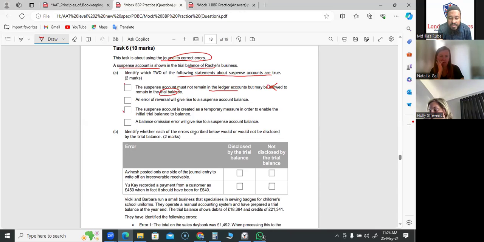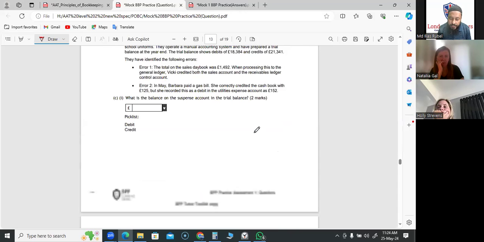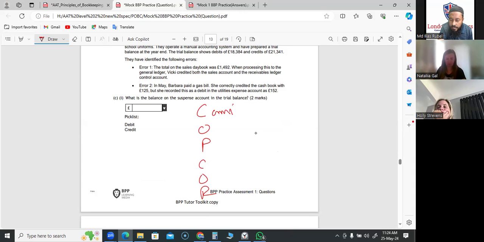An error of reversal will give rise to a suspense account. Remember, COPCOR errors don't create suspense. I'm writing COPCOR for you. C-O-P-C-O-R: commission, omission, principle, compensating, original entry, reversal. You write as well.